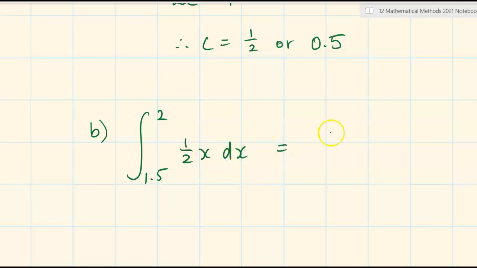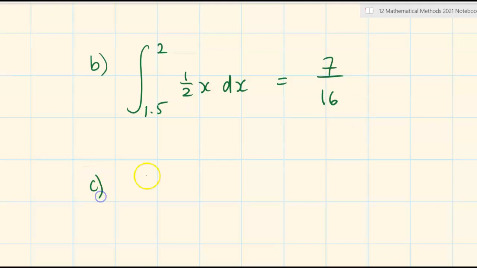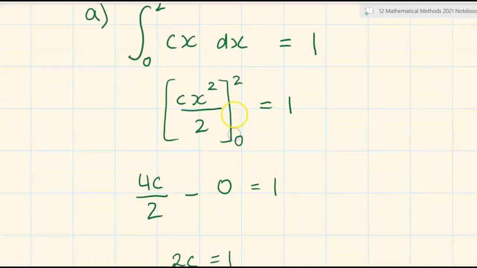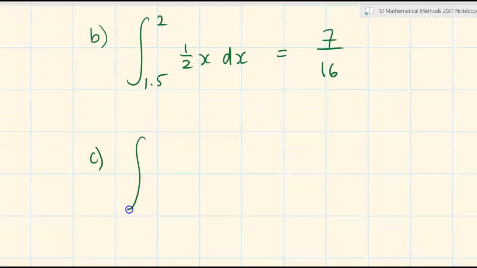And if you put that in a calculator, you're going to get 7 over 16. And C, between 1 and 1.5. Integral 1 and 1.5 of 1/2 x dx equals.